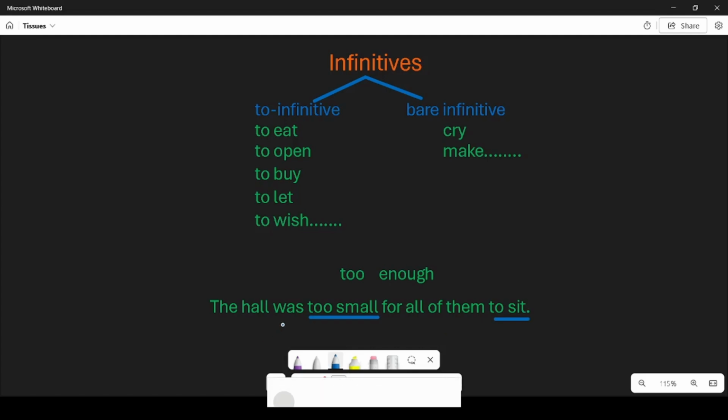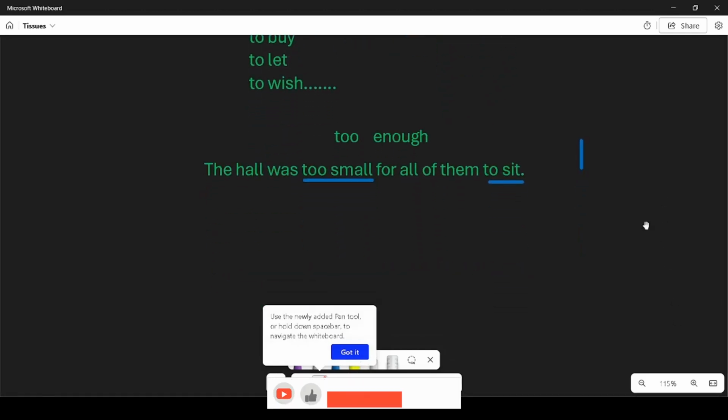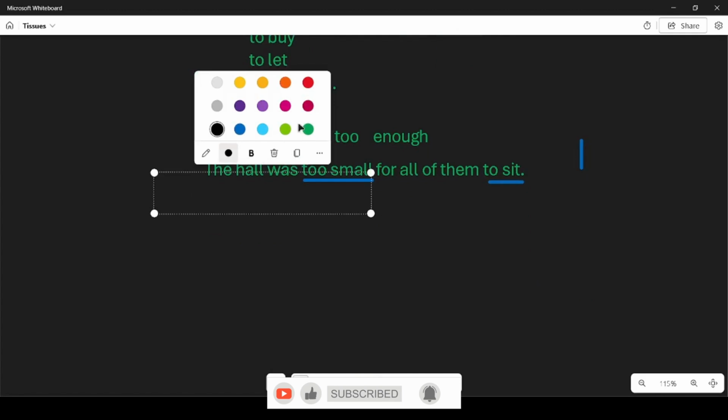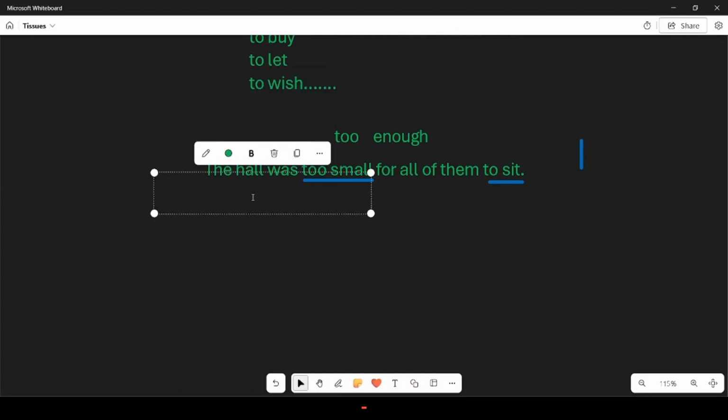So we often use it along with "to." When we say, "I'm too full to eat anymore," we can see that the word "to" is still there.